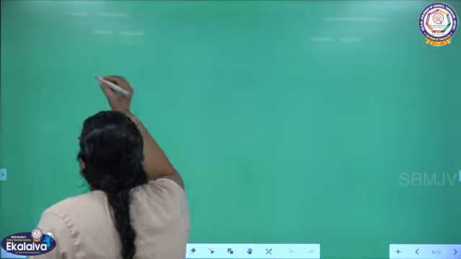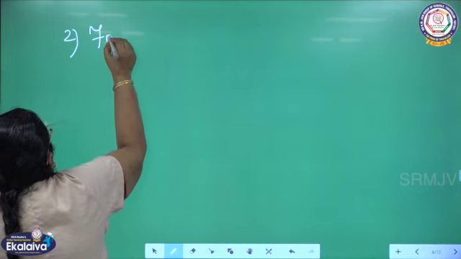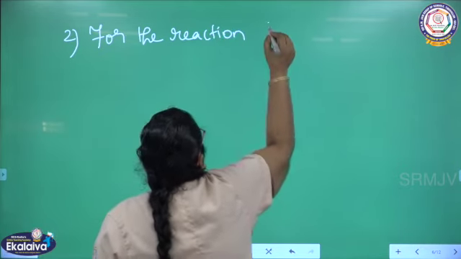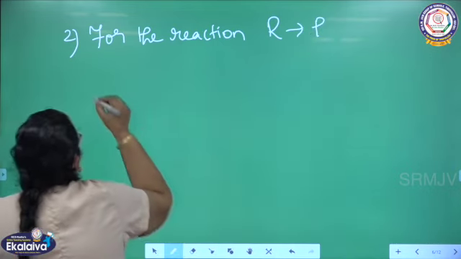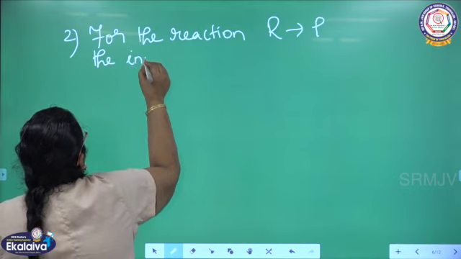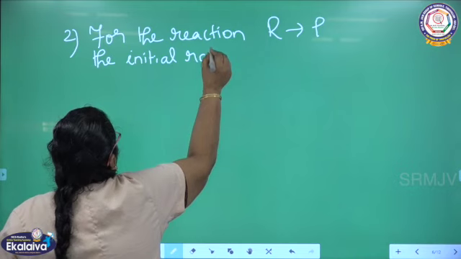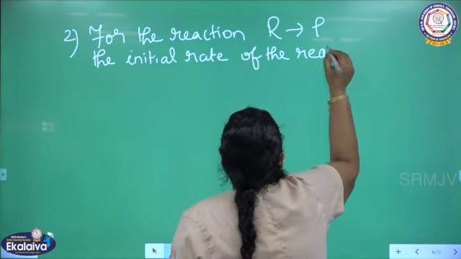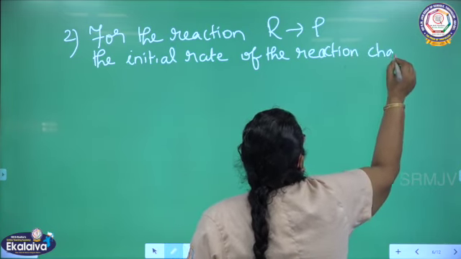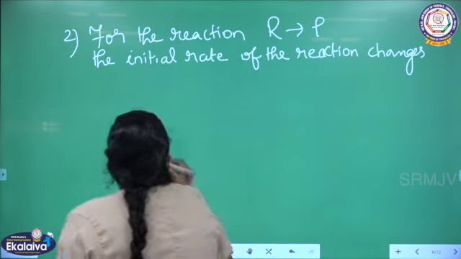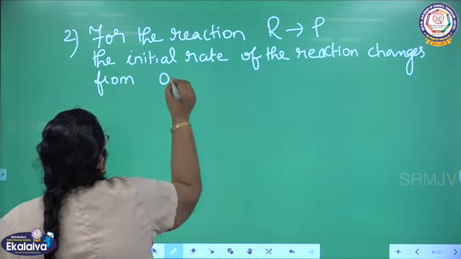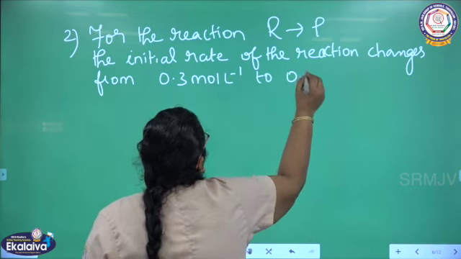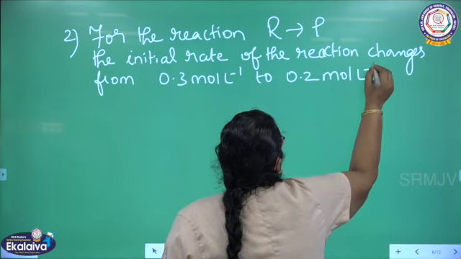The next sum. For the reaction R gives P, the initial rate of the reaction changes from 0.3 moles per liter to 0.2 moles per liter in 84 minutes.